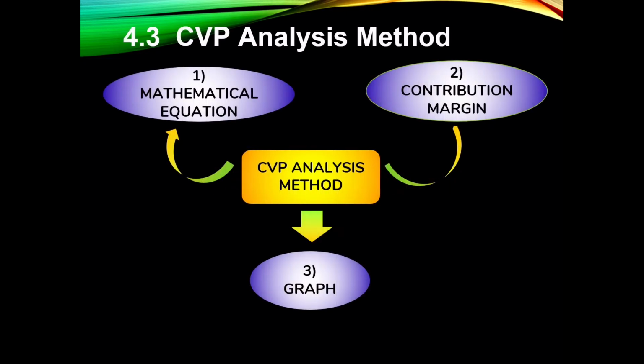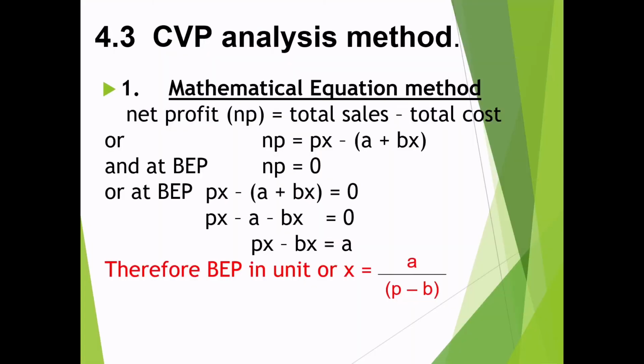There are three methods to do the CVP analysis. One is the mathematical equation method, two, the contribution margin method, and three is the graph method. By using the mathematical equation method, net profit is equals to total sales minus total cost.